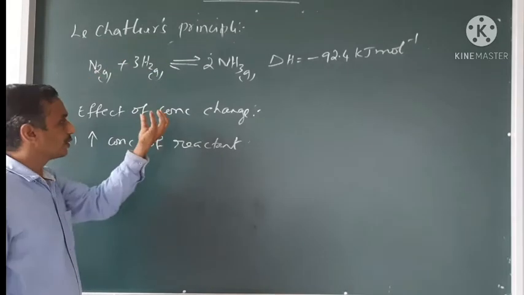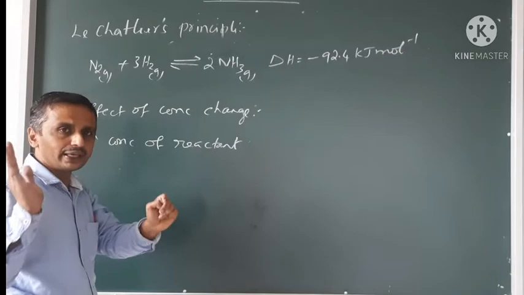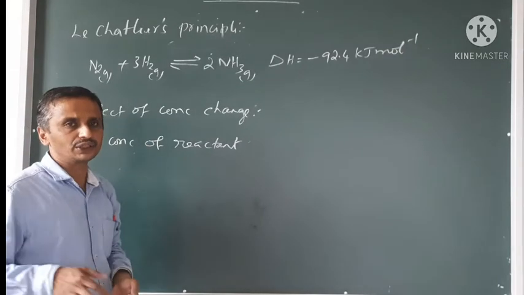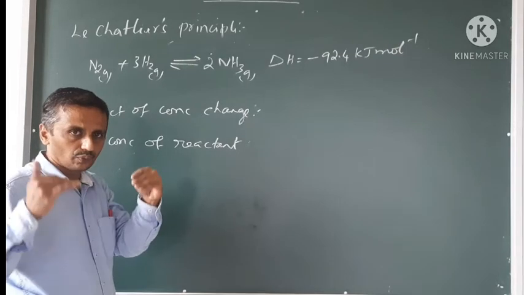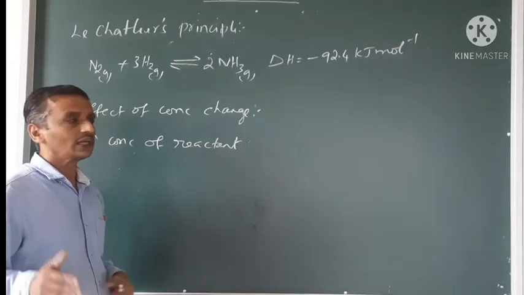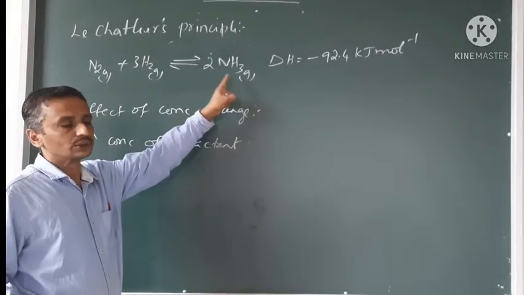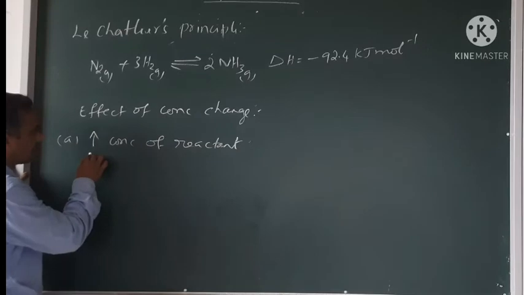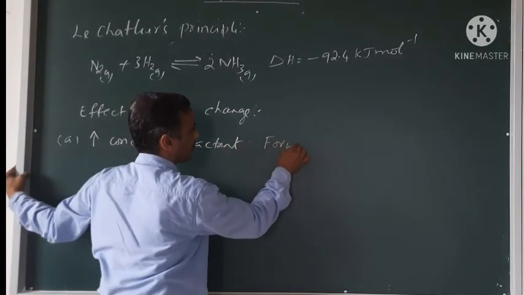Because when the concentration of the reactant is increased, to maintain the equilibrium constant as a constant, the extra amount we add should decrease, which will happen if the product formation is there. So, if the concentration increases, forward reaction is favored.